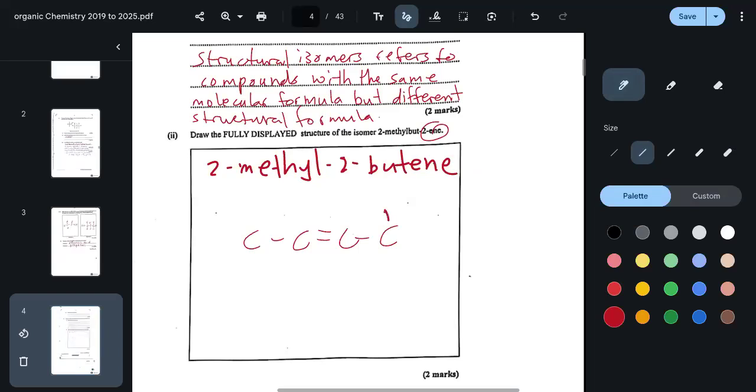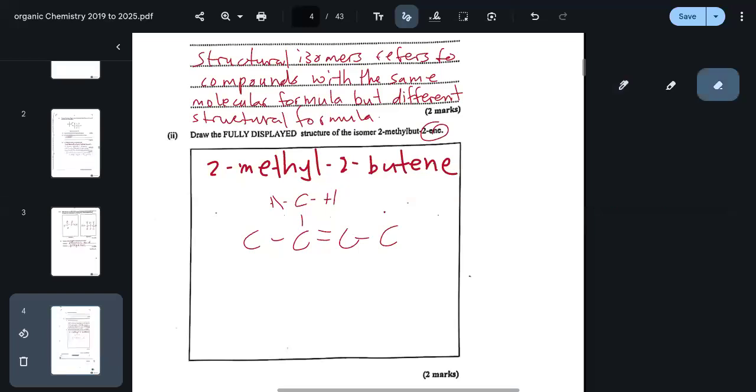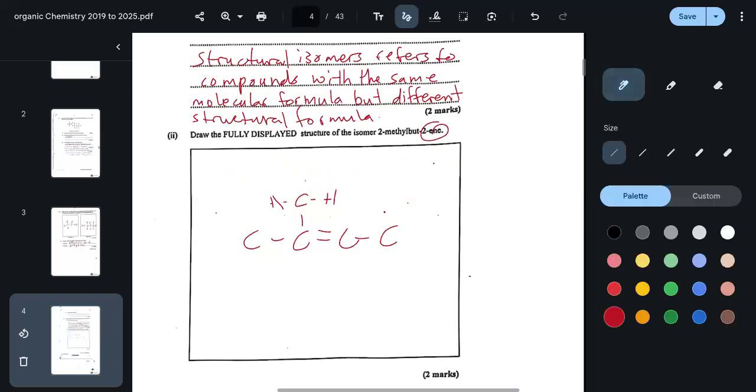Anybody remember what the methyl group is? All right, so the methyl group is CH3. So that's your methyl group.